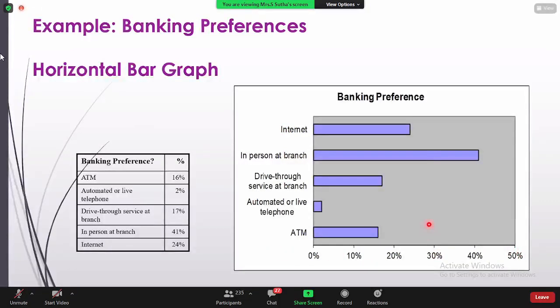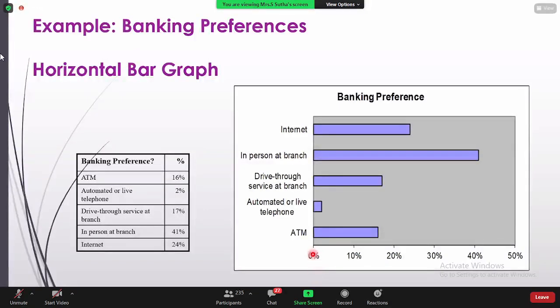So here, what type of bar chart do we have? Is it a frequency bar chart, a relative frequency bar chart, or a percentage bar chart? It's a percentage bar chart, right?